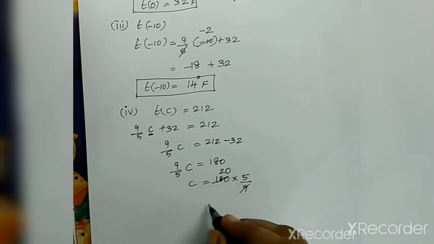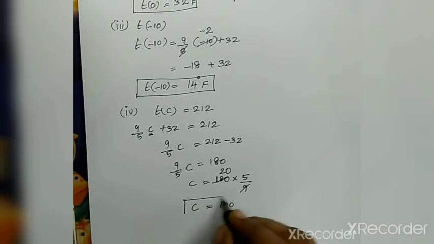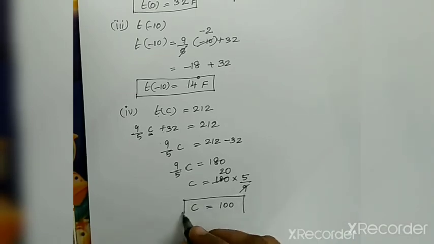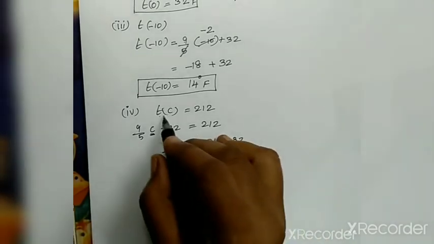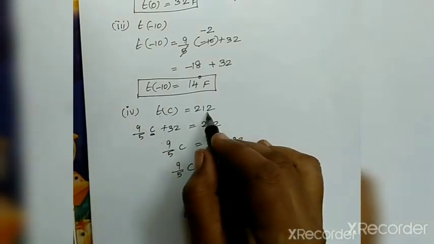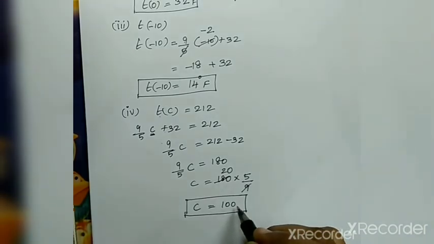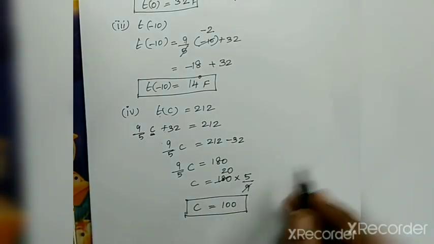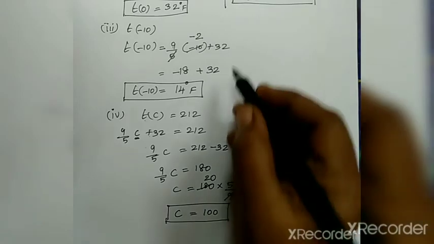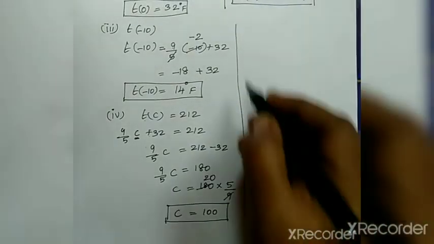Multiplying 20 and 5, we get 100. So the value of C is 100 when T of C equals 212. That is, Fahrenheit 212 is Celsius 100. Do you understand?